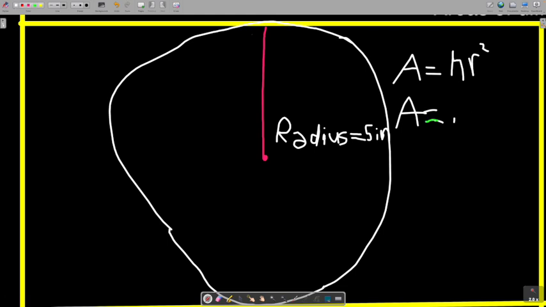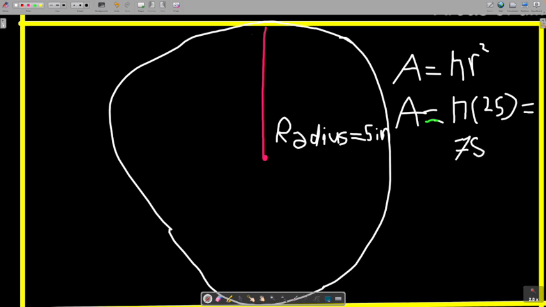So we'll have A equals pi times 5 squared. 5 squared is equal to 25. And then we have 25 times pi, and that's approximately 78.